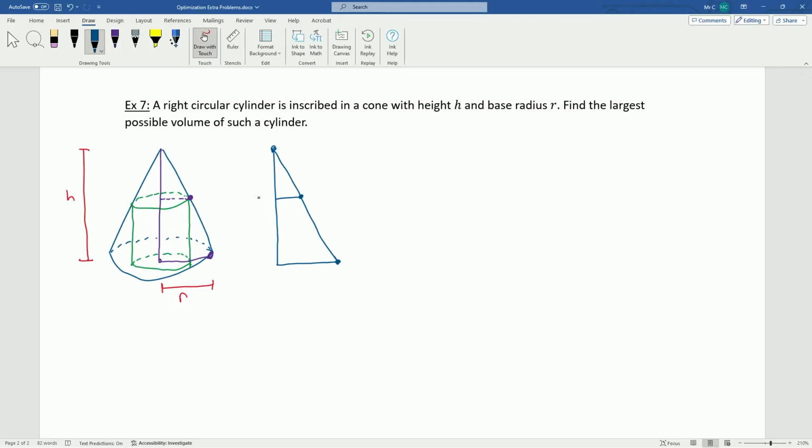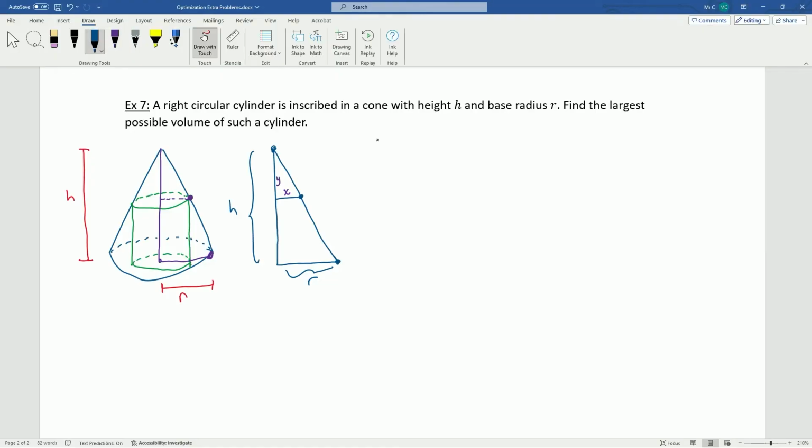So this whole side is h. This is r. And so I'm just going to give labels to these short sides for the short triangle. We'll call the top one y, and the bottom one we'll call x.